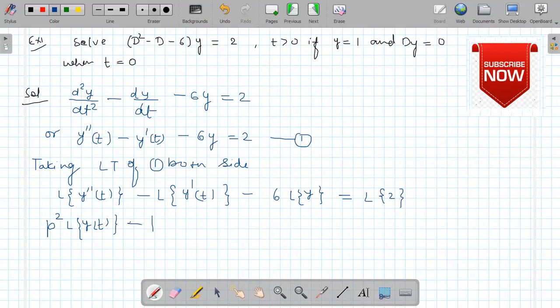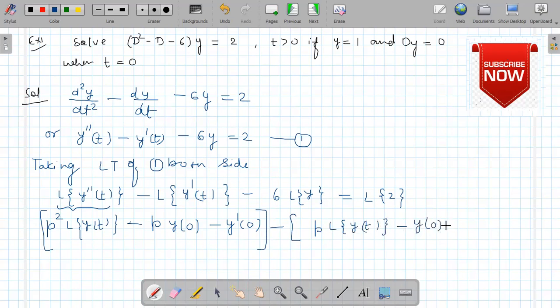This is only for this expression. Minus L of y dash, which is p L of y(t) minus y(0), minus 6 Laplace of y(t), and this is 2 upon p because Laplace of 1 is 1 upon p.